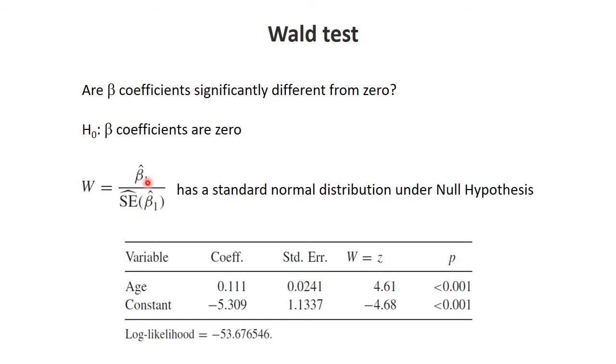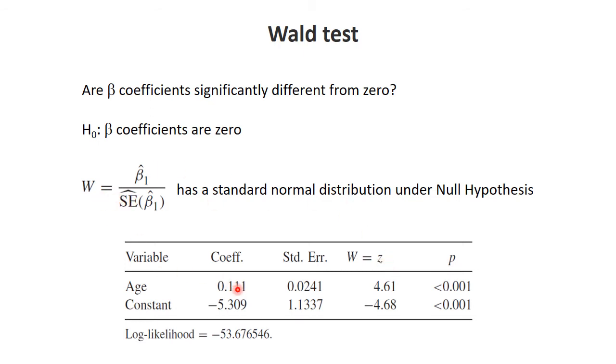That sort of makes sense, right? We expect that if beta is very small and the standard error is very large, then this Wald statistic is going to be very small. Under certain circumstances, under the null hypothesis, we assume it's a standard normal distribution. And so we can do hypothesis testing with the classical Z statistic, as it is a standard normal distribution.